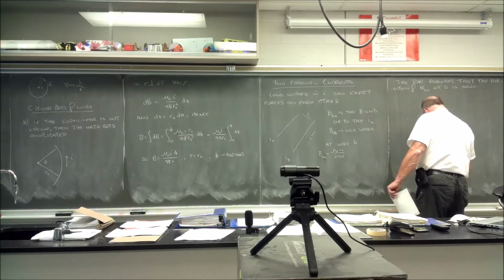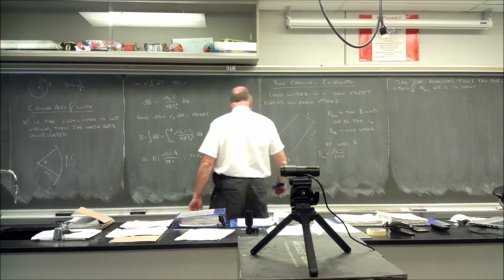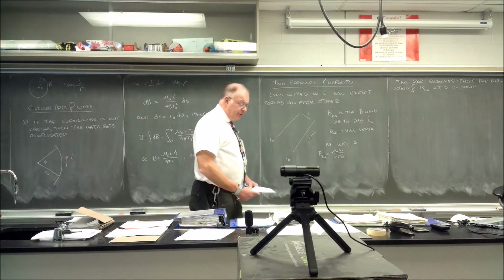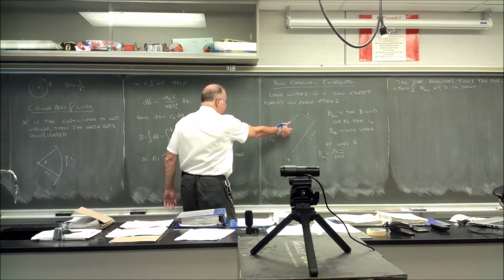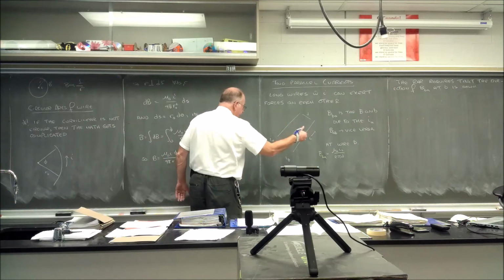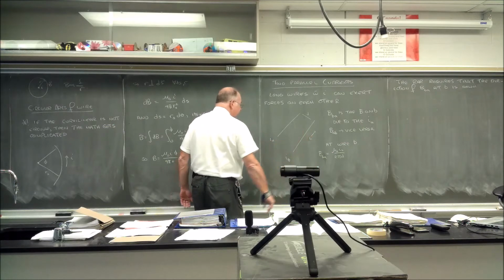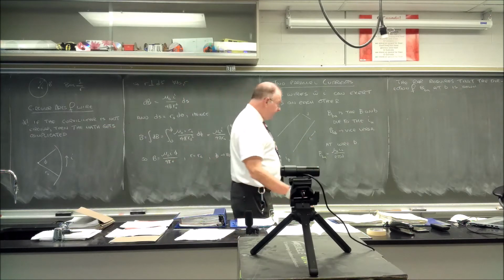So let's convince ourselves of that. It shouldn't be too hard. Current magnetic field on B due to A. So we have our right hand rule here, thumb pointing direction of the current, field lines orbiting. So if you go out a certain distance, they're going to be going into the board right at the point of current B.